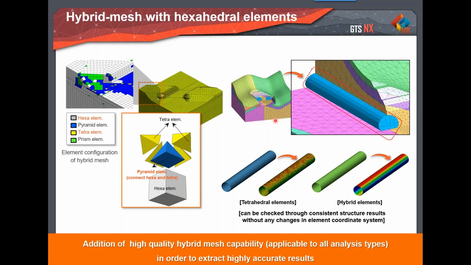Let's say you have a very complicated geometry, and you are using tetrahedral elements for the entire geometry. In such a case, the number of elements in the model is huge. You might have 200,000 or 300,000 elements. When the number of elements is more, the analysis time and computational time are more. To reduce it, we have hexahedral elements, which can occupy more volume and provide even more accurate results because the number of nodes is high.